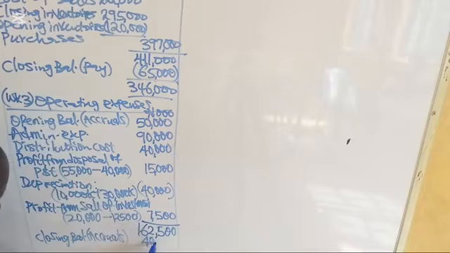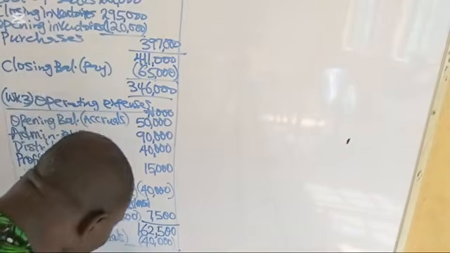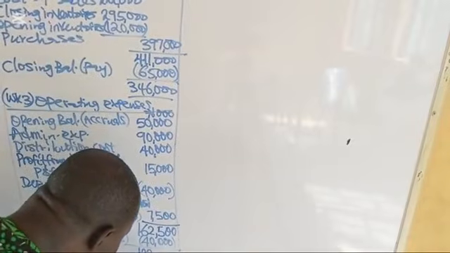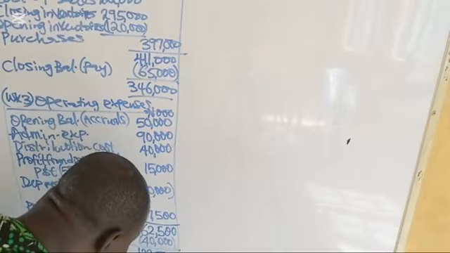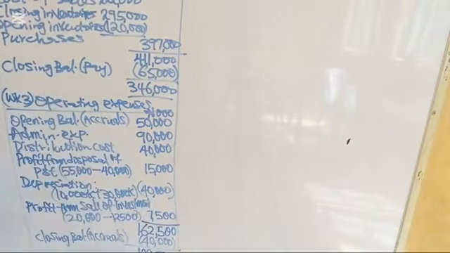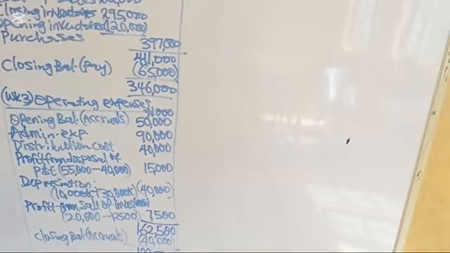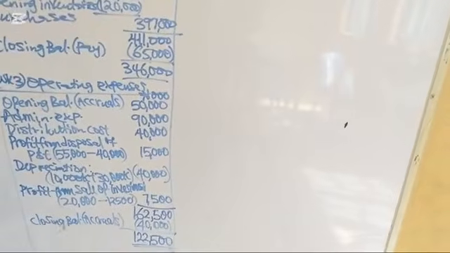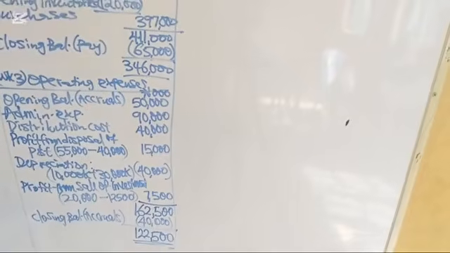Okay. 40,000. 122,500. That is the operating expenses paid in the period. 122,500.